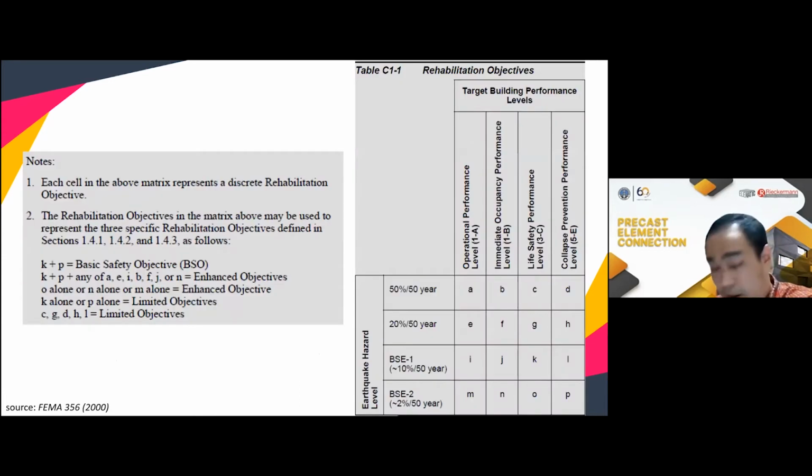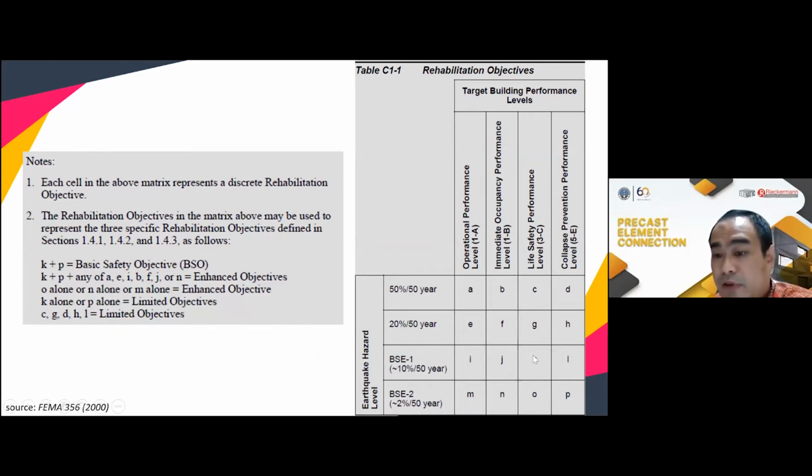So this is the performance matrix from FEMA 356. So I want to explain. As compared to our, let's say, cast in place monolithic RC structures, usually our seismic design code aims for the basic safety objectives.